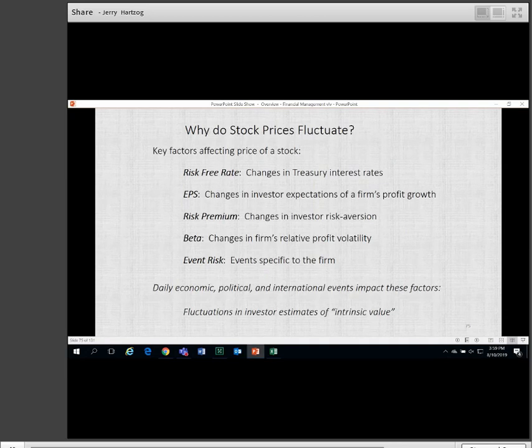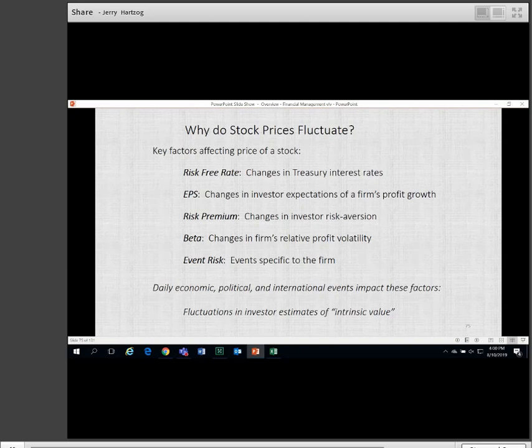So if you listen to TV, stock prices fluctuate every day. Well, why do stock prices fluctuate? One item is the risk-free rate. Remember, we say the required return on a stock is the risk-free rate plus the market risk premium, and treasury interest rates change. So if that changes, the required return on a stock changes.